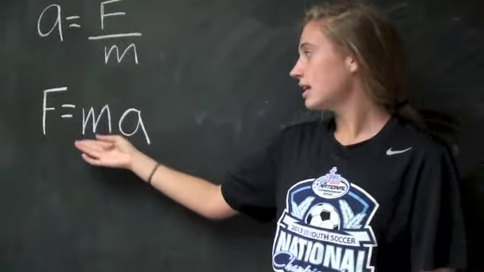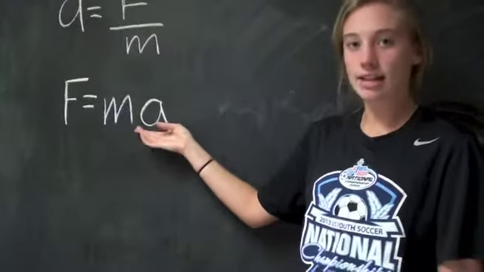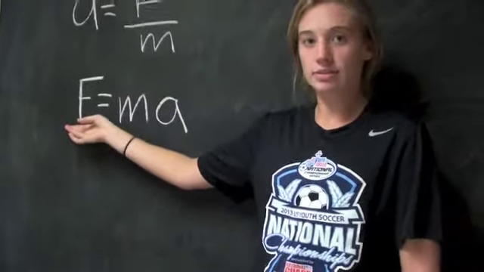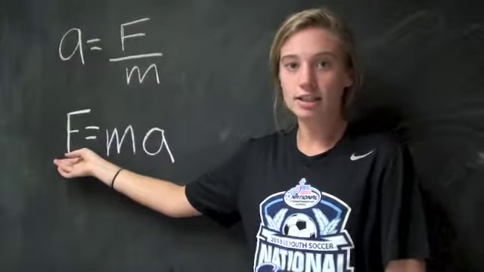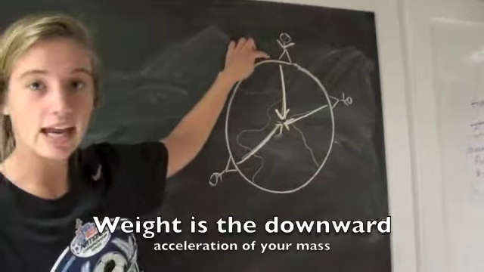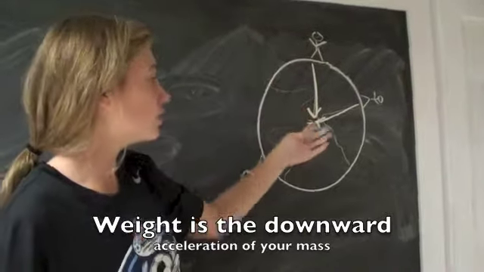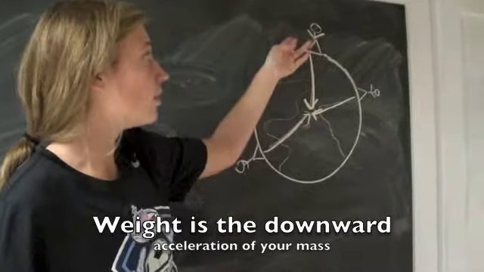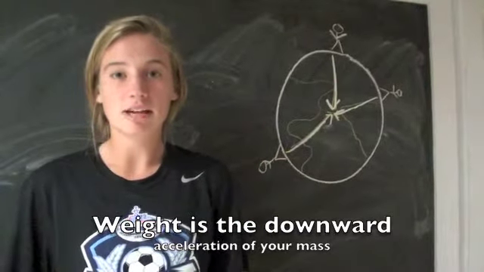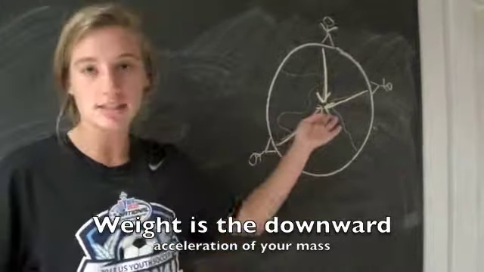So mass times acceleration, the constant of 10, equals the force due to gravity. The force due to gravity, again, is the force of the earth pulling any object on its surface to the center. The force due to gravity is also called weight, which is special because it always acts towards the center of the earth.